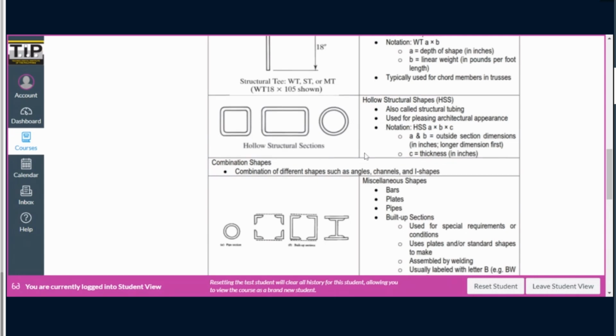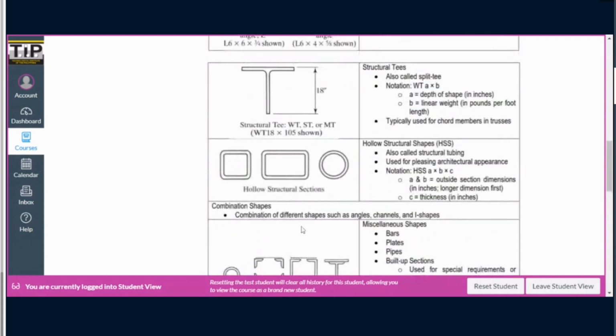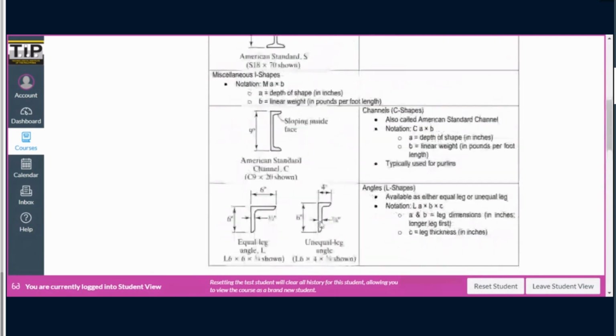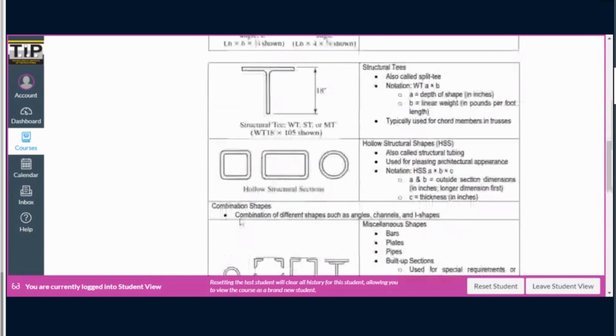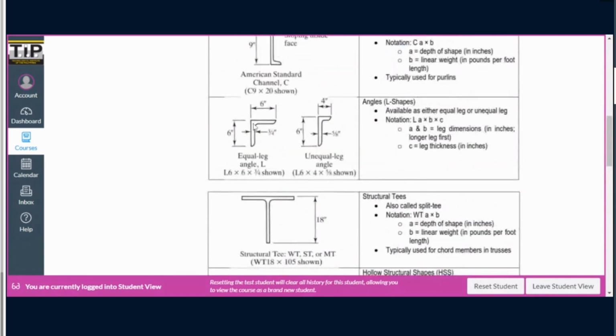Okay. And then we can also do some combination shapes. So it is a combination of different shapes such as angles, channels, and I shapes. So there are cases where one section is not enough and you have some limitations when it comes to the use of the shape. So you usually do combination shapes. So for example, we may do double angle.